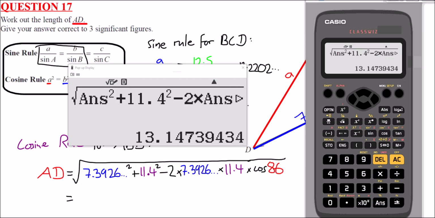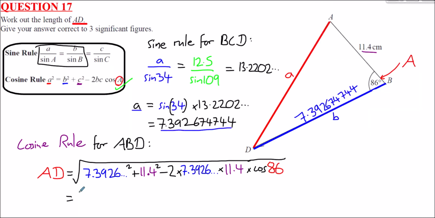Close brackets, plus equals, and we get to three significant figures, 13.1 centimetres. First, second, third significant figure. The 4 doesn't make the 1 round up, it stays as 13.1 cm. And so that's that question done.